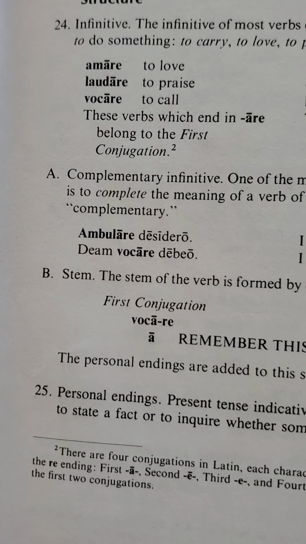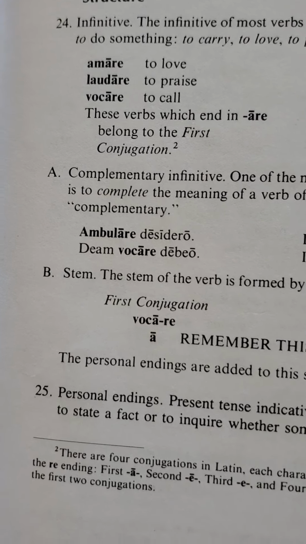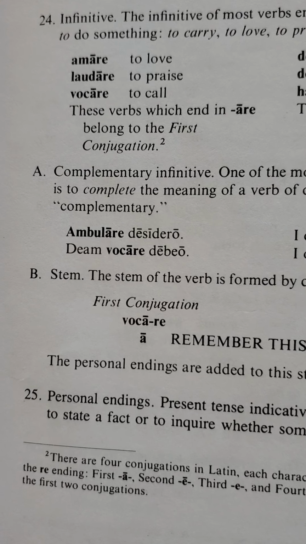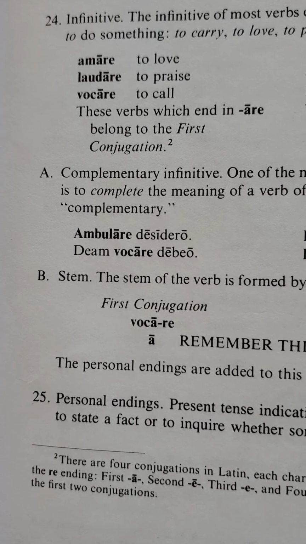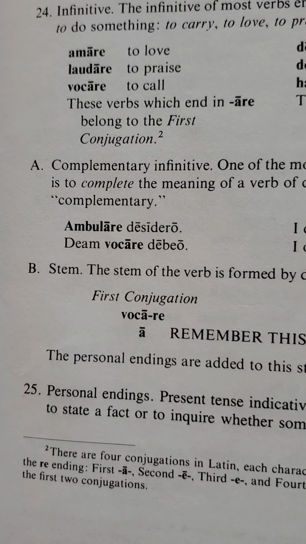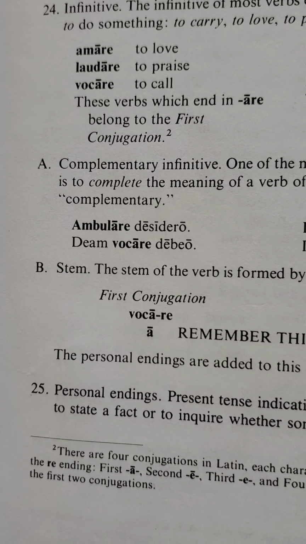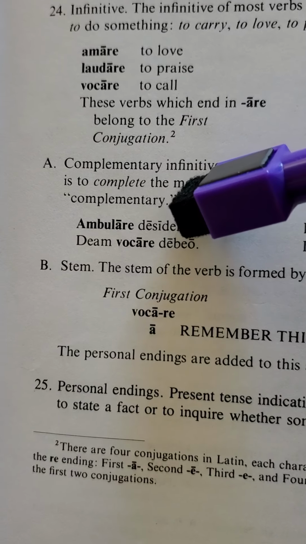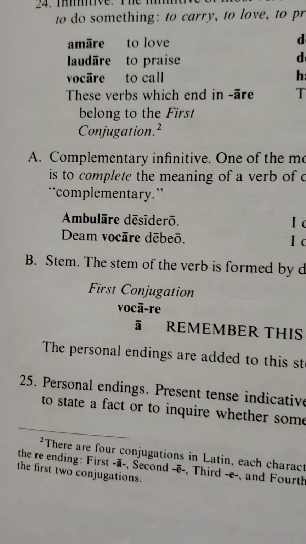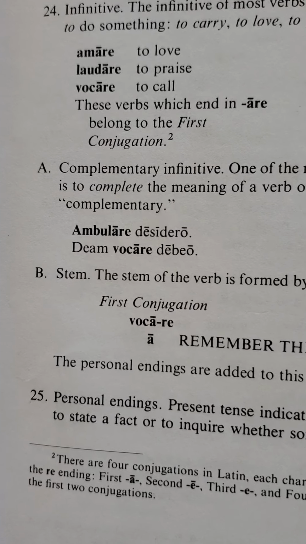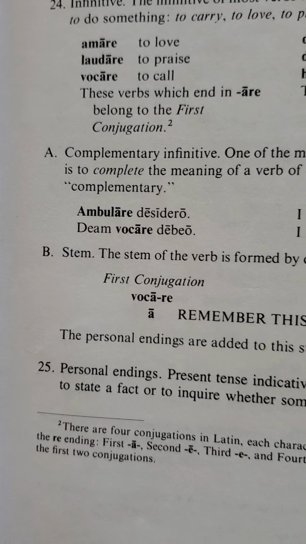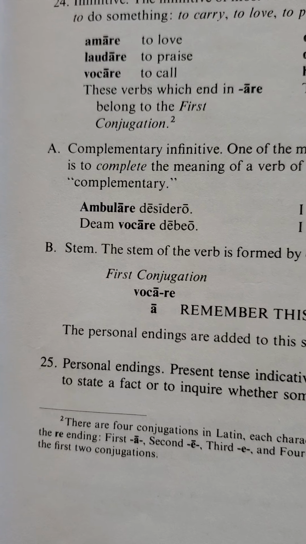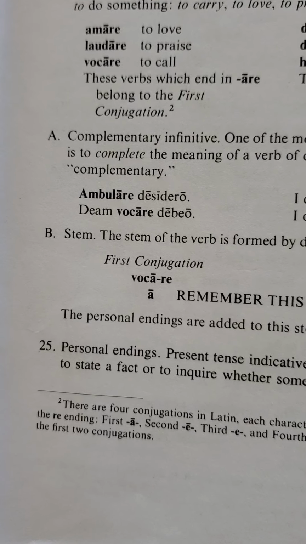So "to go" would be the complementary infinitive. So in languages, if you use the "to" form as the infinitive, it's called the complementary infinitive. So, I desire to walk. So the infinitive can be translated all by itself without having the verb conjugated into its separate persons.